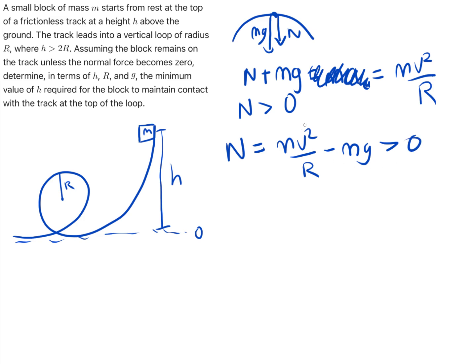Okay, so now we have something in terms of v squared, but we don't know what that actually is at this point. And that's the second part of our problem here. So maybe we could either use Newton's laws and compute the acceleration and then use that to find the speed, or we could use energy conservation.